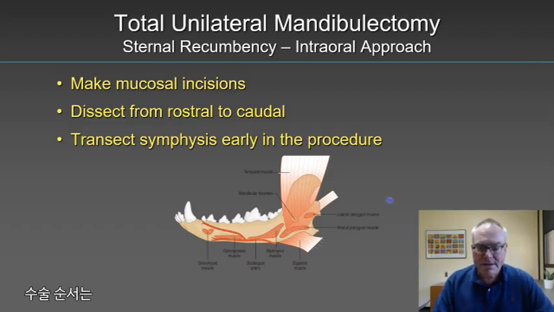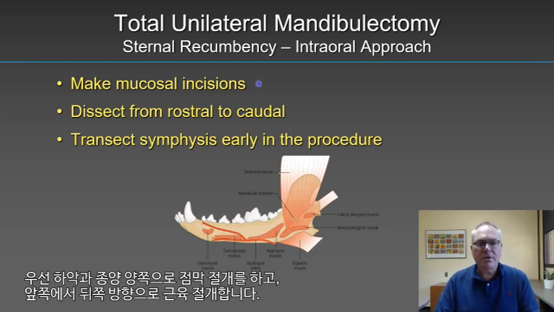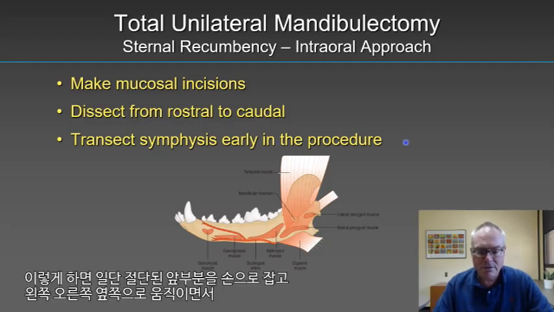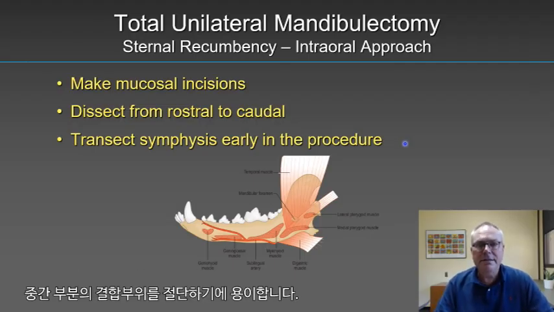So the first step is to make our mucosal incisions on either side of the mandible and the tumor, and then we dissect from rostral to caudal, cutting the muscular insertions, and then we try to transect the symphysis early in the procedure, because if you do that, you can hold on to the rostral mandible and move it to the left, to the right, and you can move it in a lateral direction, and then cut the attachment on the medial aspect of the mandible.